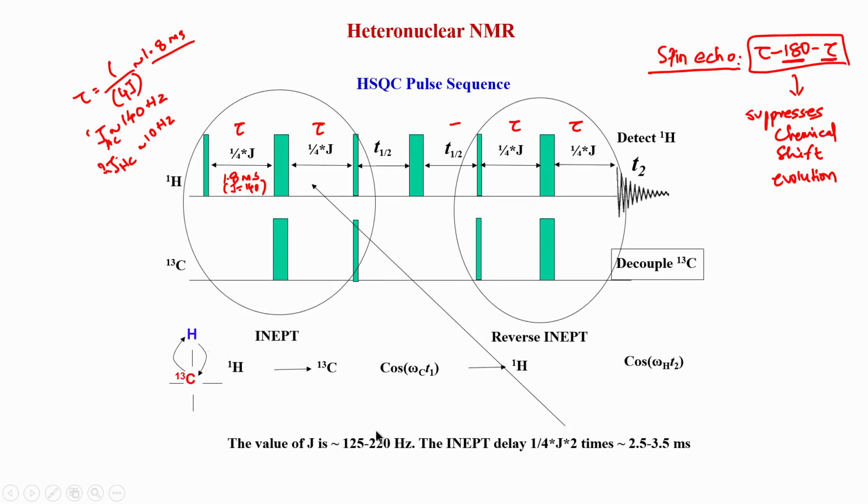There are several papers published on that. But typically what we do is record 2 different HSQCs. One HSQC we record for the aliphatic part, that is methyl, methylene and methine, and one HSQC we record separately for the aromatic part in proteins.